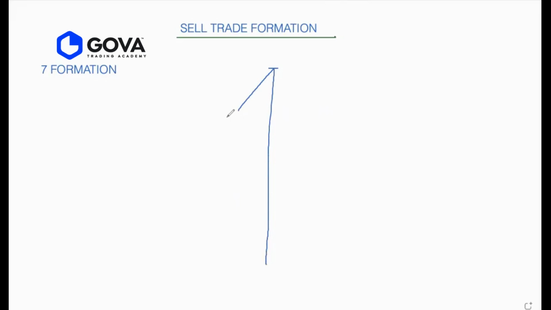So we call this area the rally in price, this is the base, and this area here is the drop in price. Market price rallied up, suddenly stopped here, and then dropped down massively.